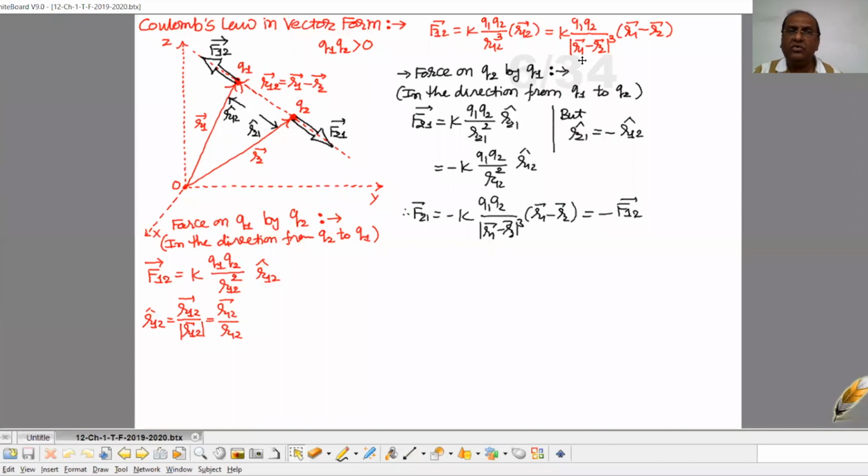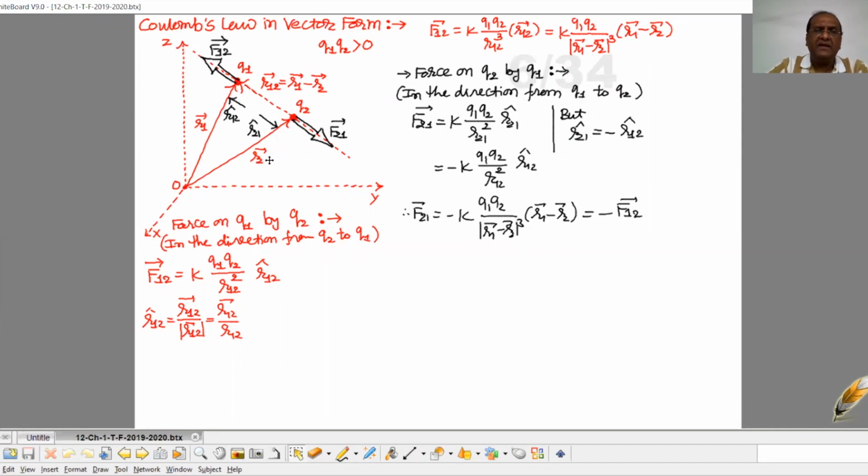Now Coulomb's law in vector form. Here, to represent Coulomb's law in the vector form, consider the Cartesian coordinate system. Now, with respect to the origin, suppose the position vector of charge q1 is r1 and the position vector of charge q2 is r2.